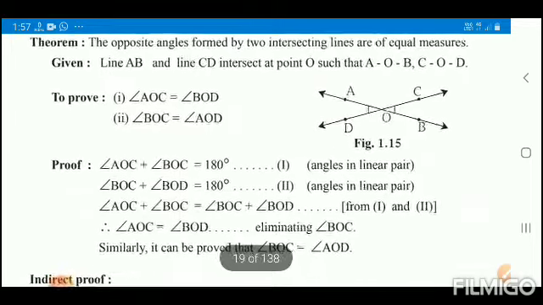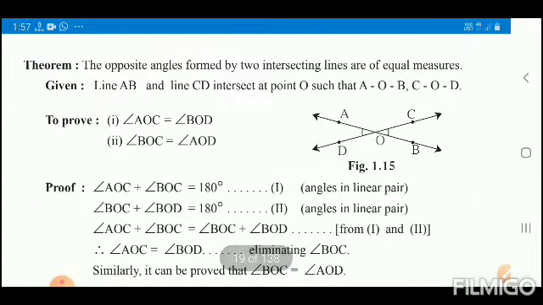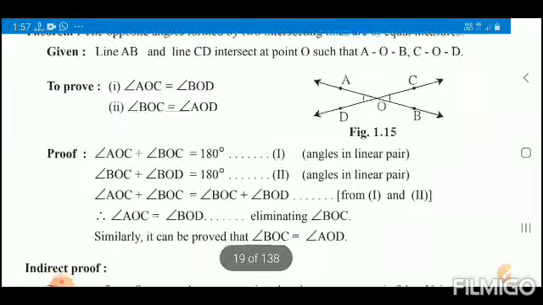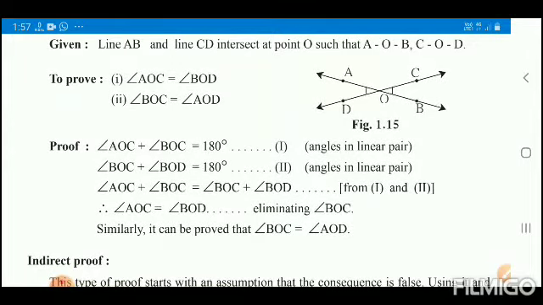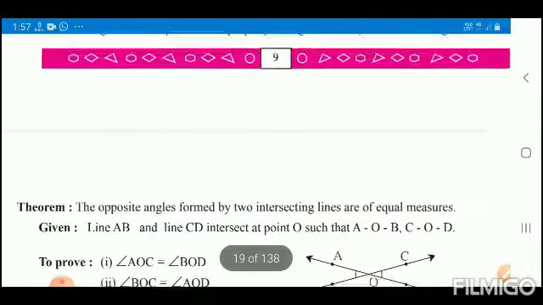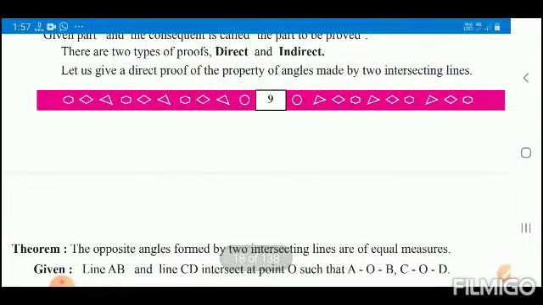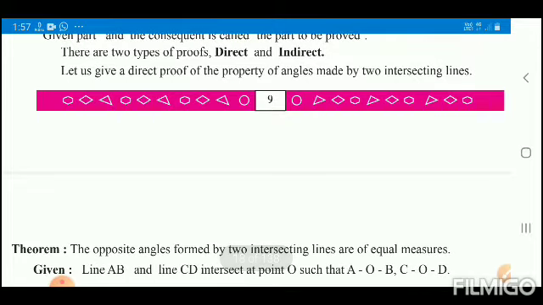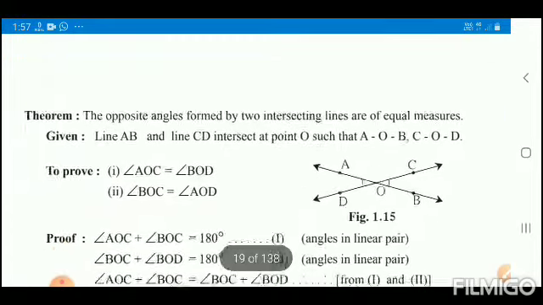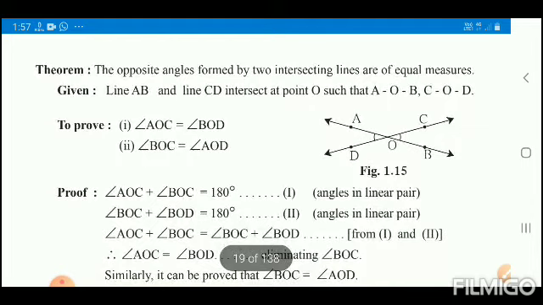Then, if we did any construction in that theorem, write what to prove, and after that you have to write the proof. So we will see the proof of the property of angles made by two intersecting lines.